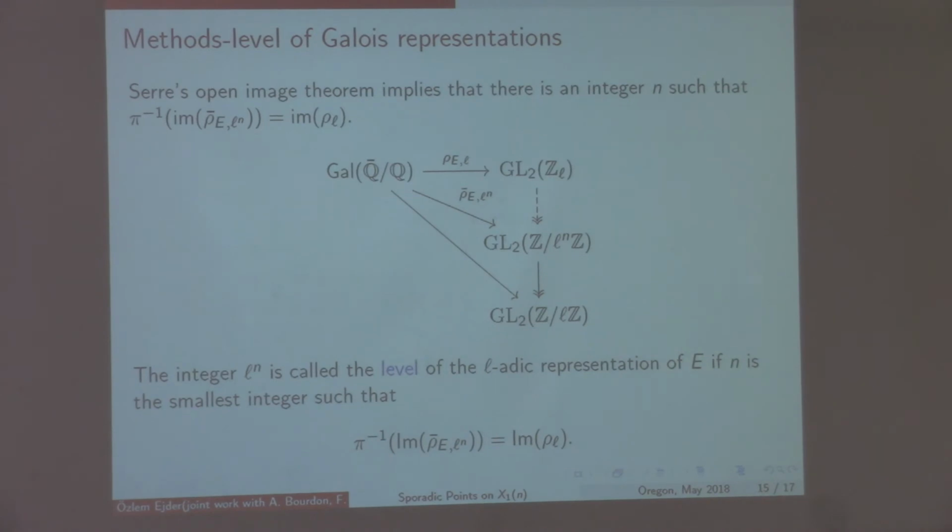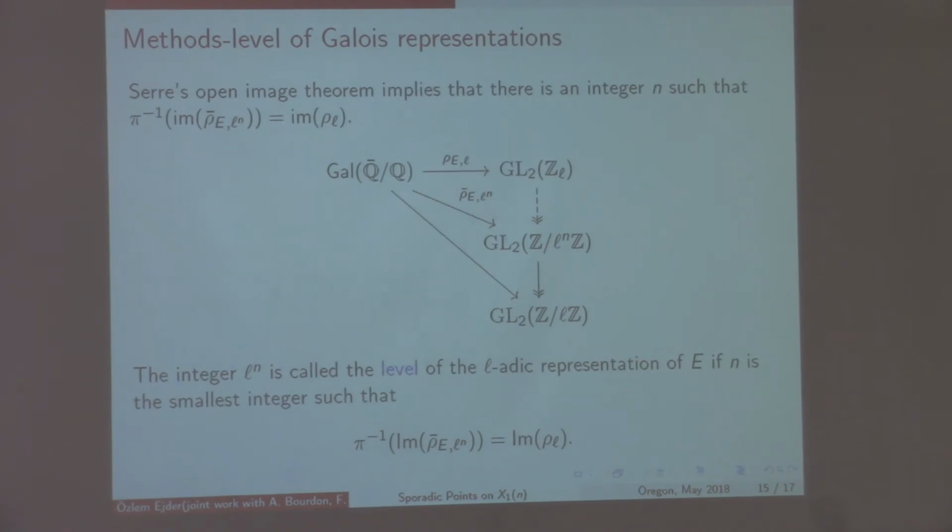All right, so before, I'll just say a couple of words about the proof. And before that, I'd like to say what a level of a Galois representation is. So here in this picture, we're looking at the Galois action on the elliptic curve's Tate module. The first one is going from the Galois group to GL_2(Z_l). So that's the l-adic representation. And we can also look at the mod l representation, but in the middle, we can also have the mod l^n representation.